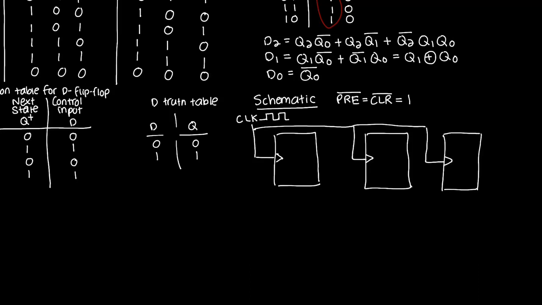So this flip-flop over here, this input becomes D2, this is Q2, and Q2 bar, and this one is D1, this one is Q1, and this one is Q1 bar, and here I have D0, Q0, Q0 bar.